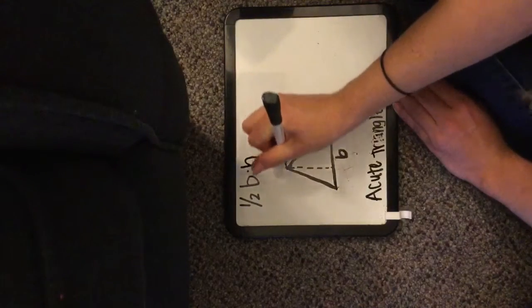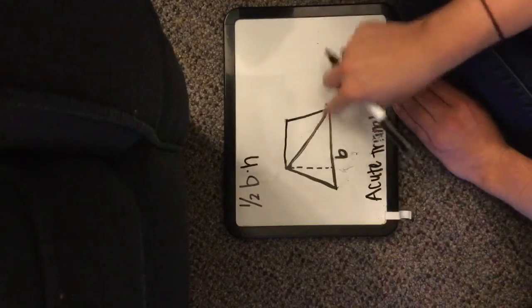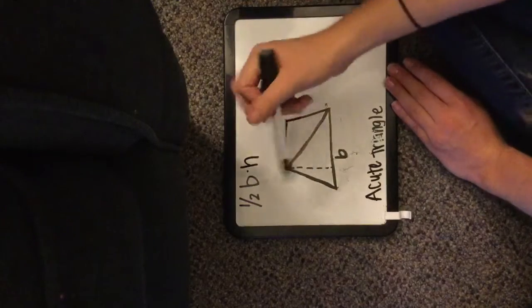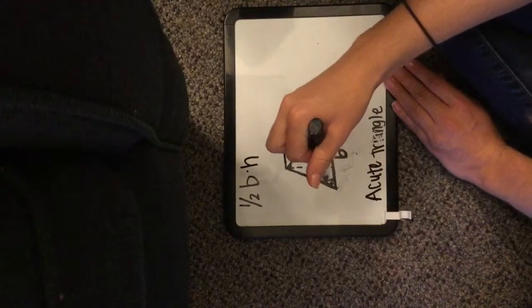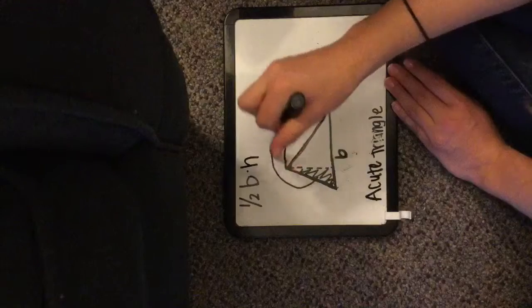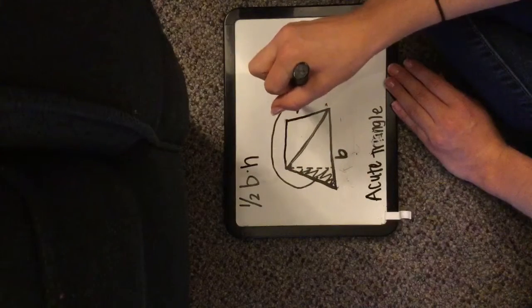It's not perfect, but as we can see, it is not a complete rectangle. And to make it a complete rectangle, we'll get rid of this part and move it over here.